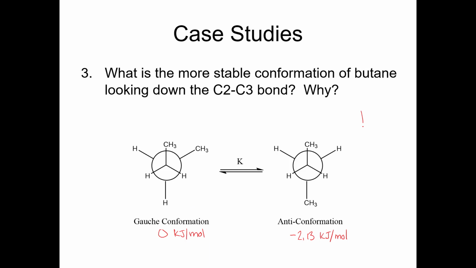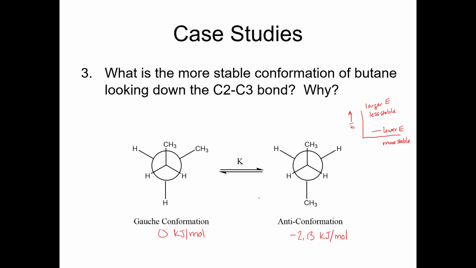Now, in your energy coordinate diagram, the larger the energy, the less stable the conformation. The lower the energy, the more stable.